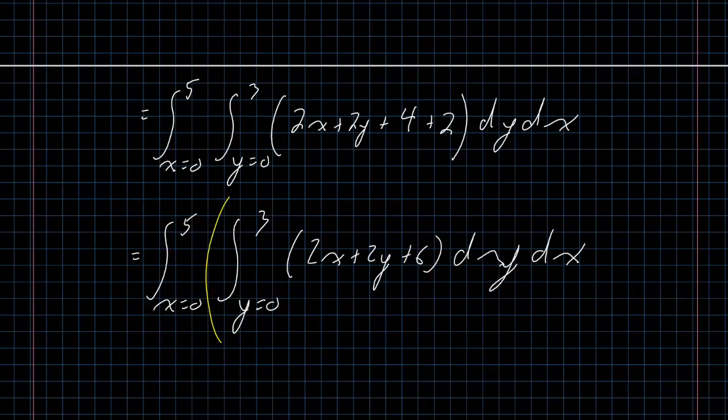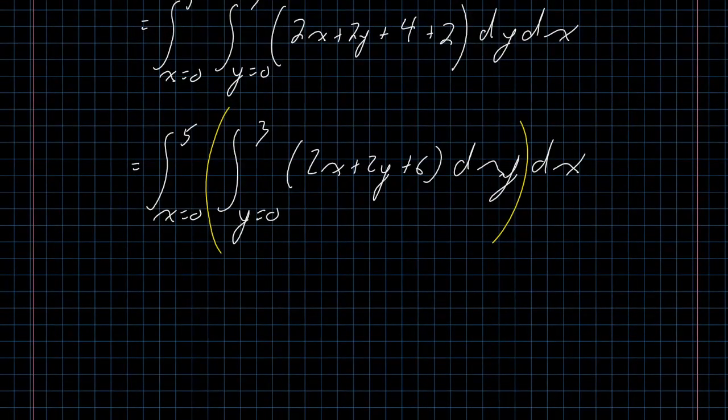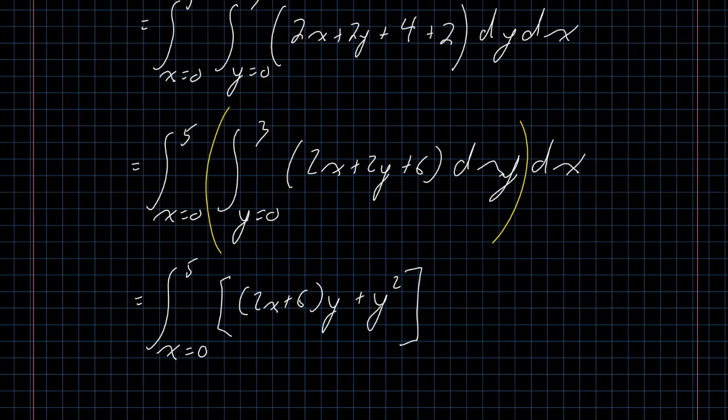And then continuing our iteration, we integrate with respect to y. 2x and 6 are both constant with respect to y. And then 2y, well, the integral of y is 1/2 y squared multiplied by 2. You just get y squared. And we'll evaluate this when y is equal to 0 and when y is equal to 3.